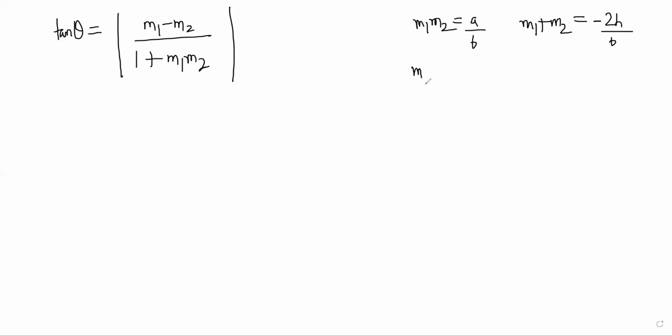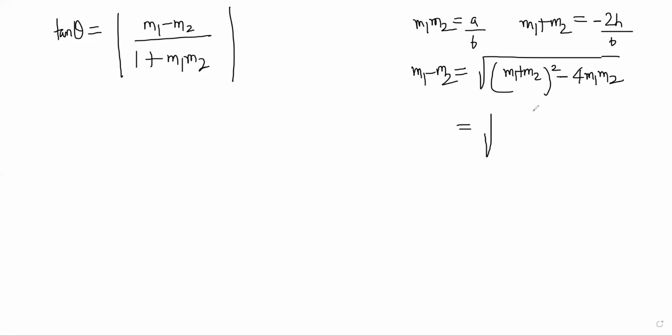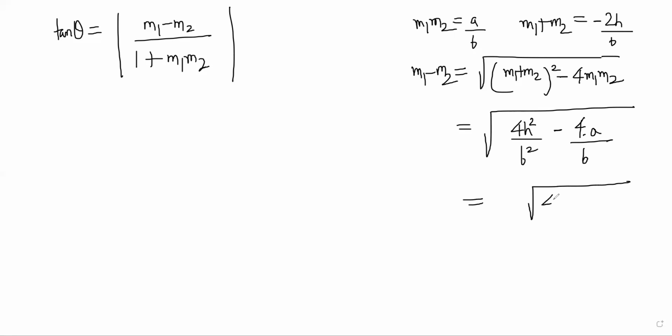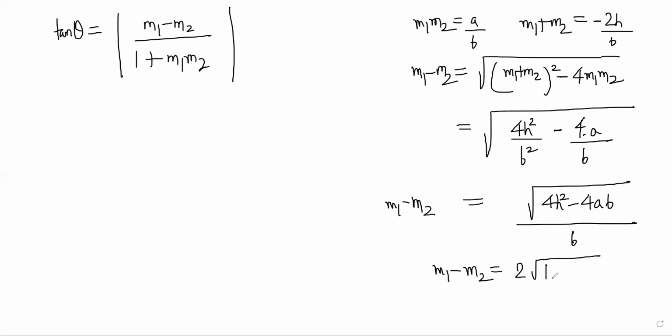Therefore, m1 minus m2 will be equal to root over m1 plus m2 whole square minus 4 m1 m2, which becomes root over 4h square by b square minus 4a by b. That becomes root over 4h square minus 4ab, by b square. So b comes out, and m1 minus m2 is equal to 2 times root over h square minus ab, by b.